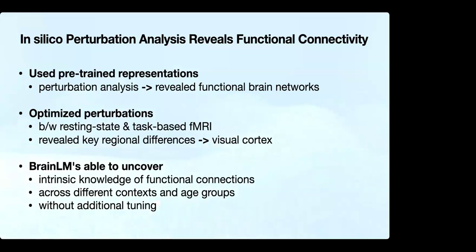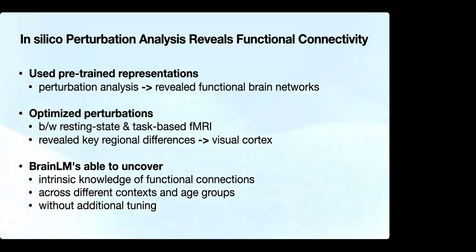And then they did this perturbation analysis, which is basically where once they have the data set mapped to this lower dimensional space, they tweaked it slightly and then provided this as input to the decoder. And so they used this optimized perturbation technique, and they looked at the difference between resting state and task-based fMRI. And they found that this revealed key regional differences, specifically in the visual cortex.